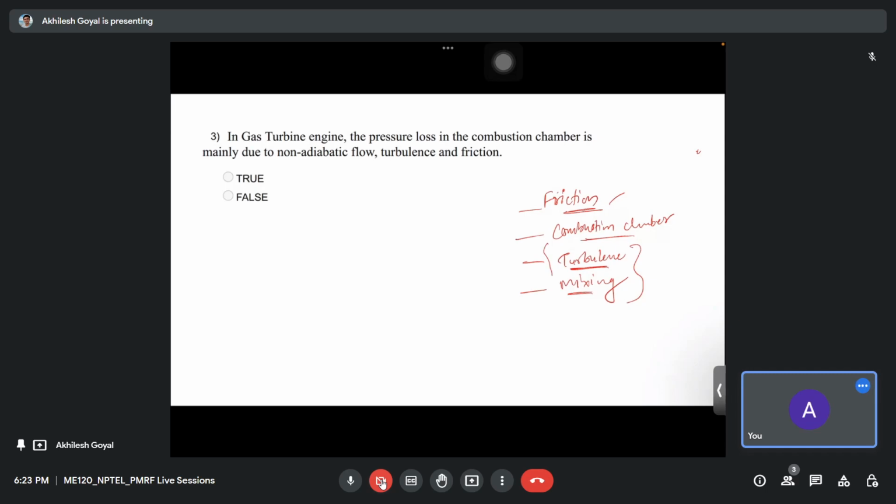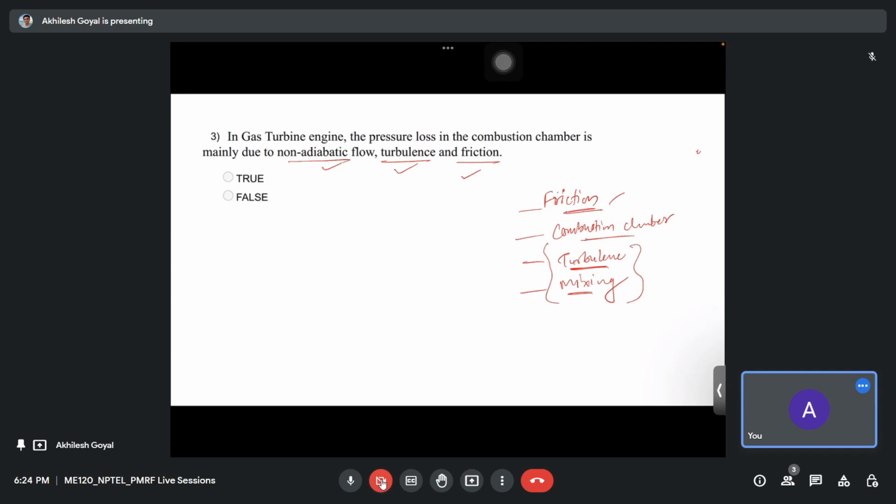Okay, so look at the question again. It is being asked that in the case of gas turbines, the pressure loss in the combustion chamber is mainly due to the non-adiabatic flow. Yes. Turbulence, yes, turbulence has a major contribution to the pressure loss, and friction is the biggest component of the pressure loss in the combustion chamber.